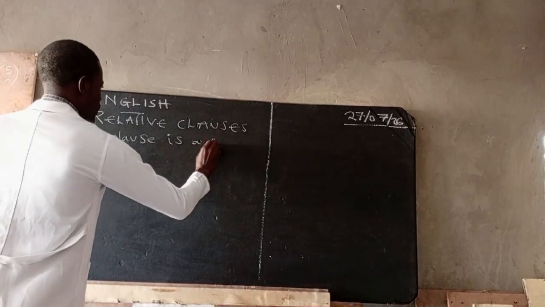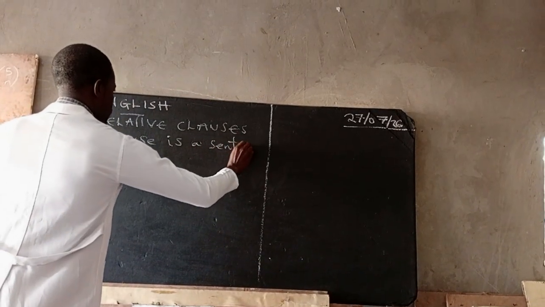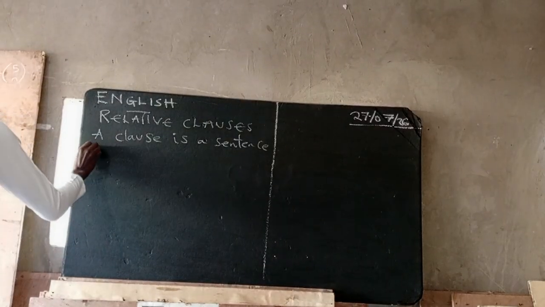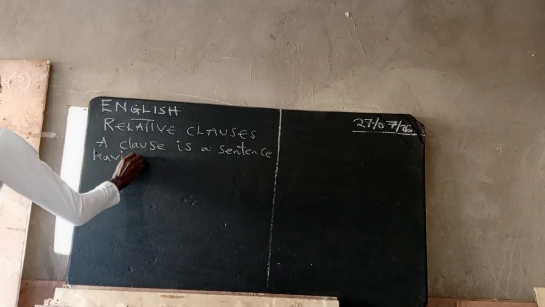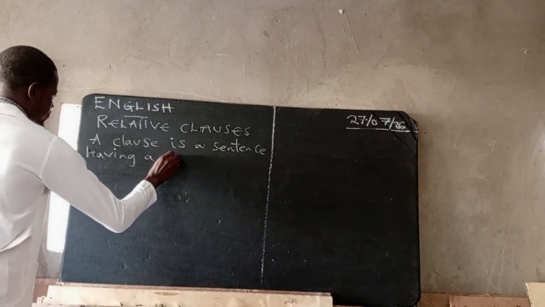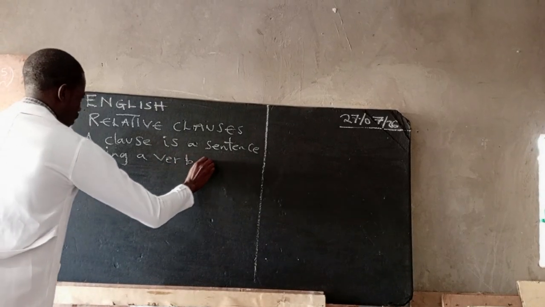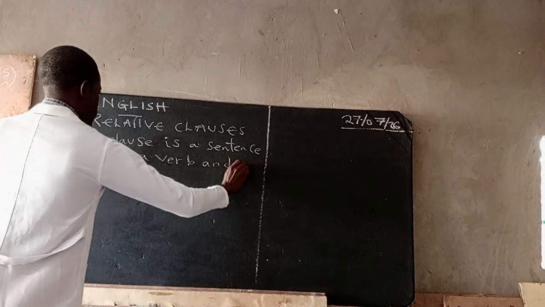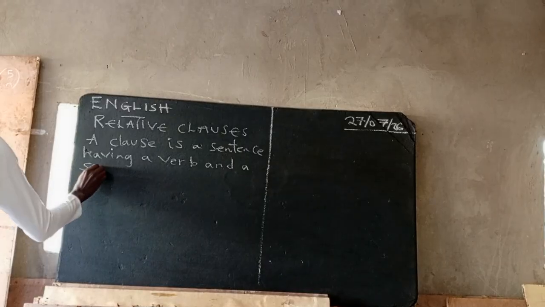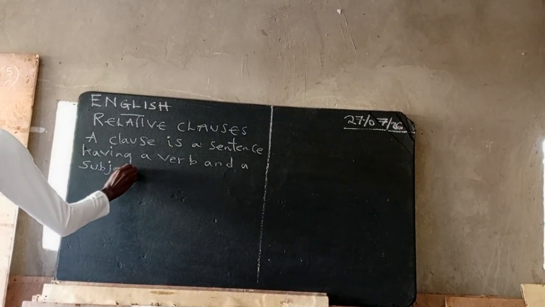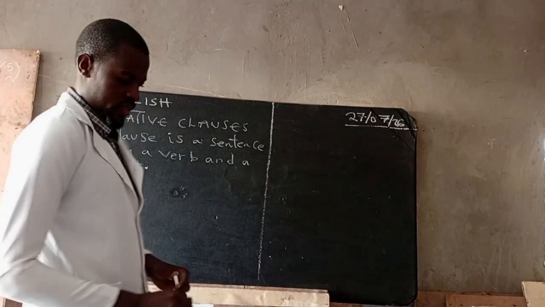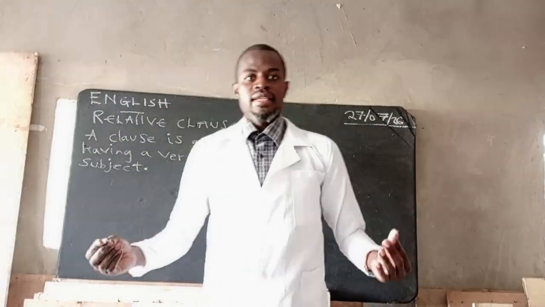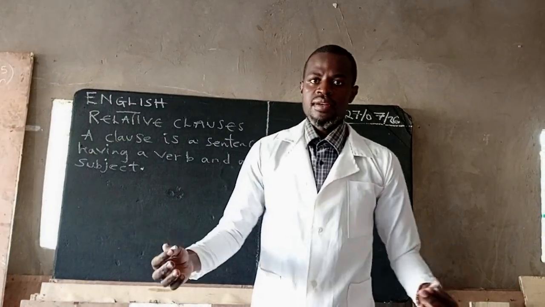A clause is a sentence having a verb and a subject. Okay, so yes, that's a clause.